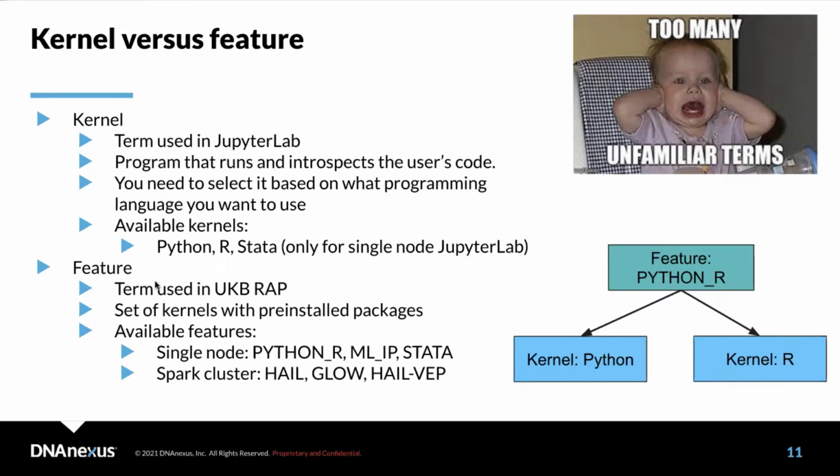Then once you launch your JupyterLab and you want to run your Jupyter Notebooks, you need to know what kernel to use. That's why we're using the 2 different terms. And here you have the hierarchy. For example, here we're choosing the feature Python and R, which is what we will be choosing for today's demo. This feature contains 2 different kernels. So either I can write my code in R or I can write my code in Python. Great, thank you.